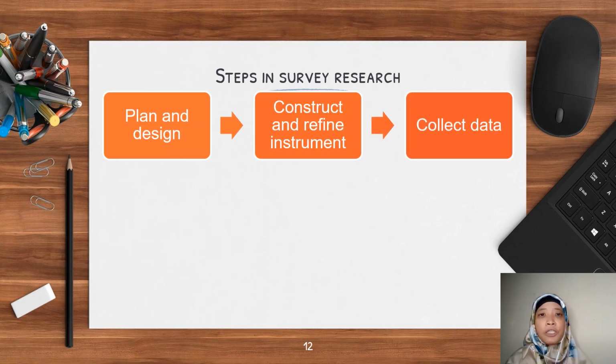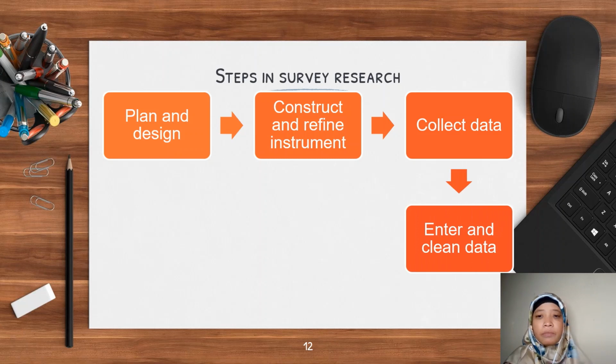After we have the measures, we can collect the data using those instruments, the scales, or the questionnaires. Once we get the data, we can enter it into an Excel sheet, SPSS, or other statistical software that we're familiar with, and also clean the data.